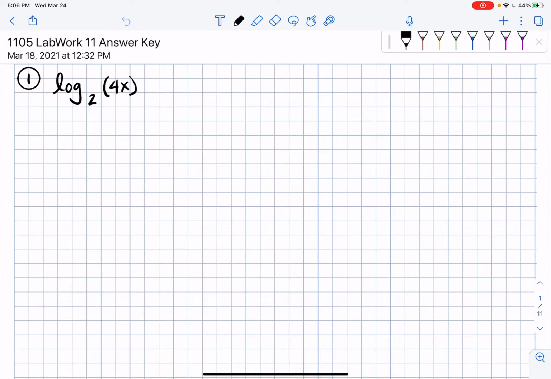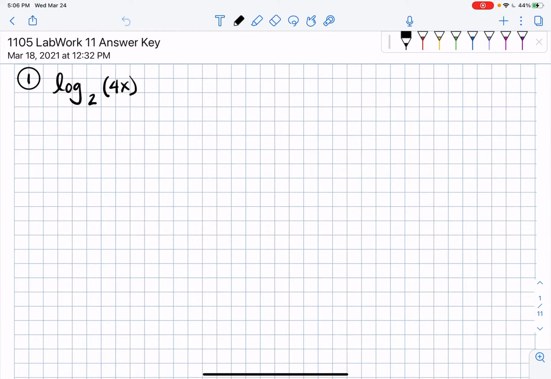All right, so let's get LabWork 11 out of the way. What we have here is log base 2 of 4x, so it's 4 times x. We have a rule for that. Since it's multiplication, it'll be the same thing as addition.